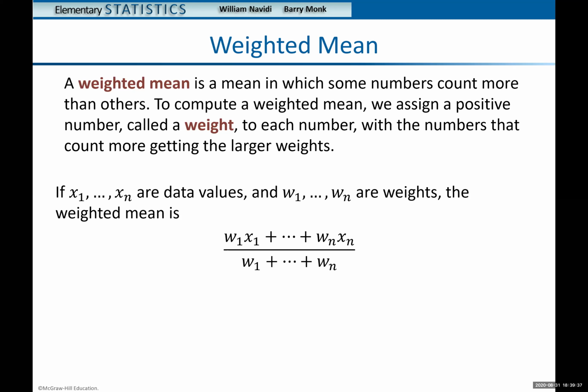So the formula is going to be something like this. The weight times the x, the first one, the second, up to the last one, all over the summation of all the weights.